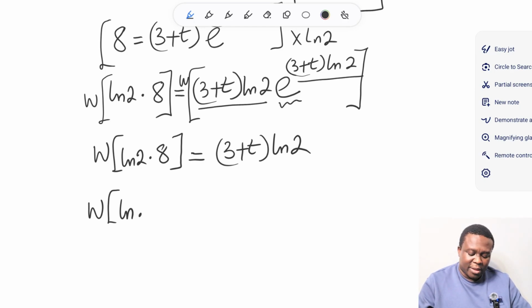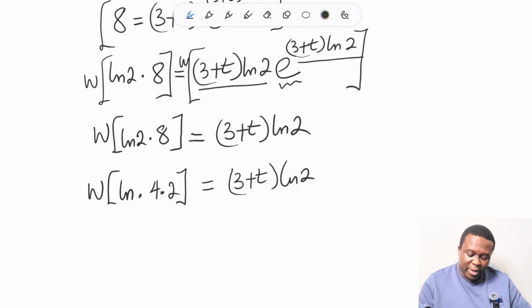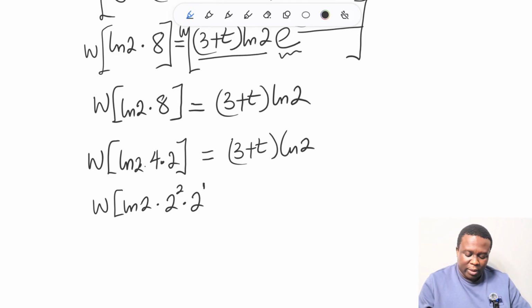8 is the same thing as 4 times 2, right? 8 is the same thing as 4 times 2. And this is what we have on the right-hand side. 4 is the same thing as 2 squared. 2 is the same thing as 2 raised to the power 1.